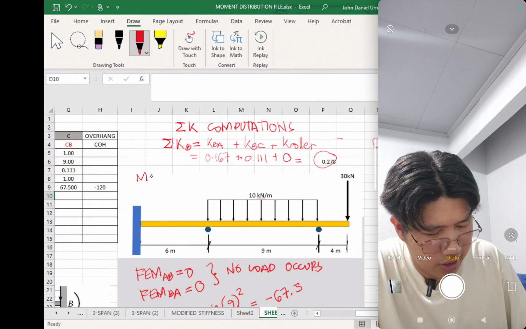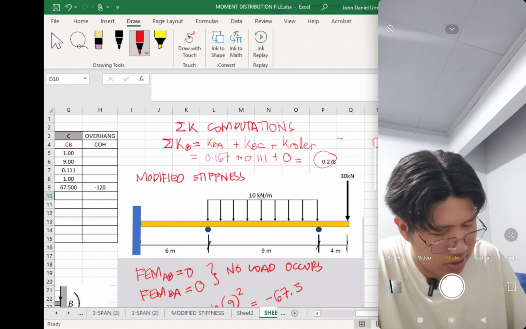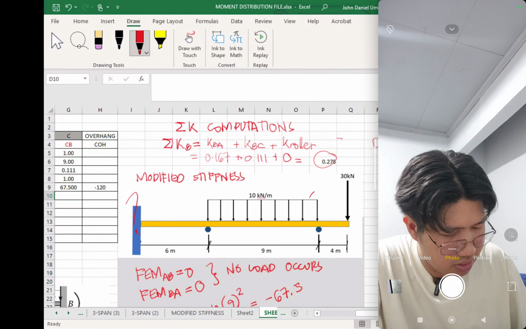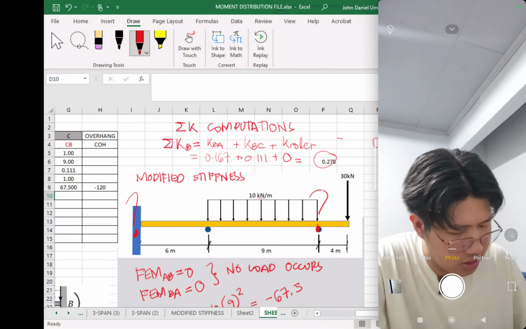Can we use modified stiffness? The answer is yes. Saang part? Dito ba? Or dito? Okay. So again, sa mga end supports lang natin siya tinitingnan.